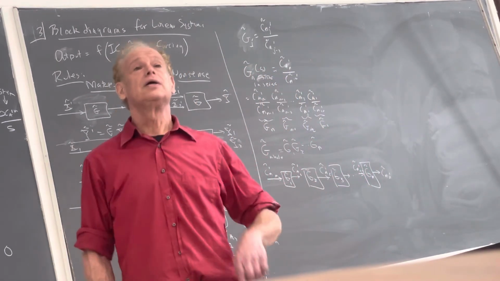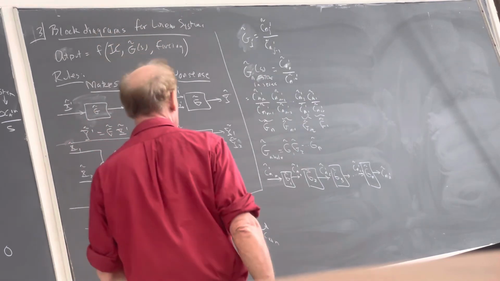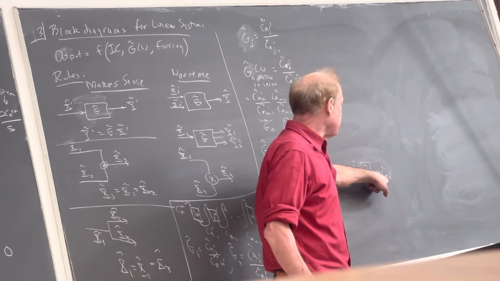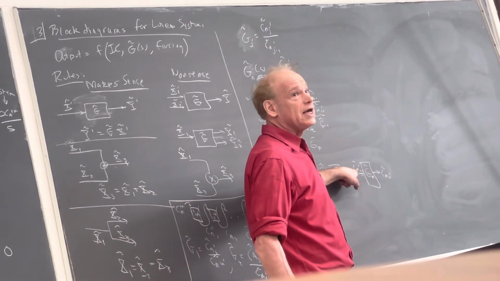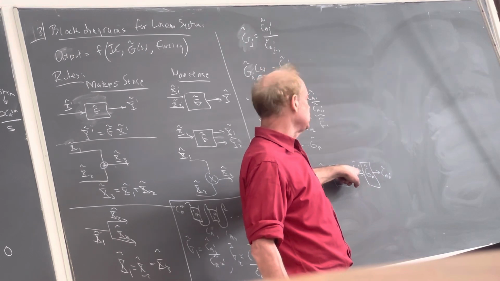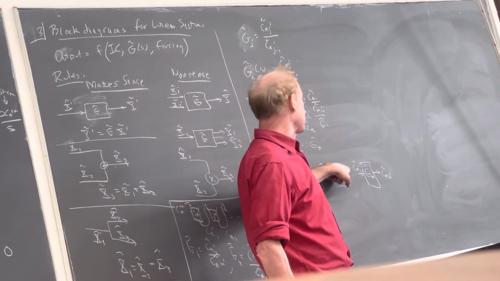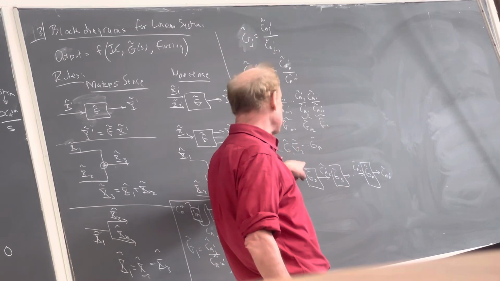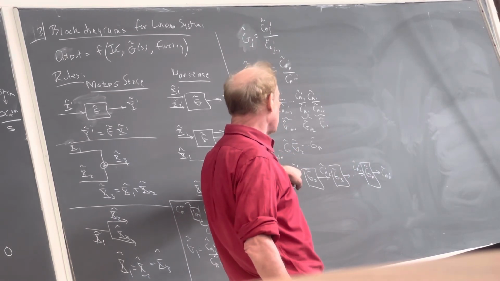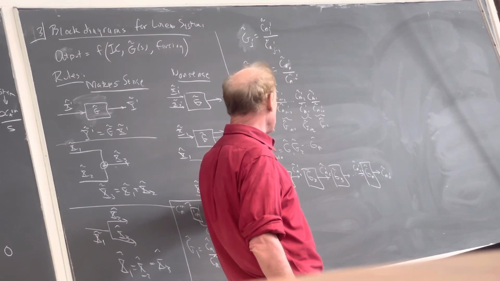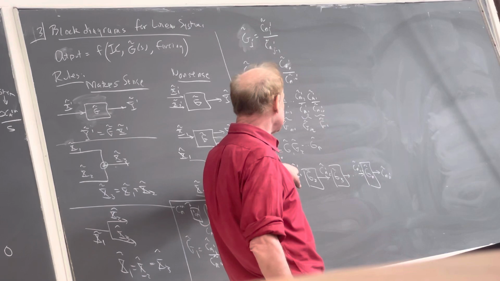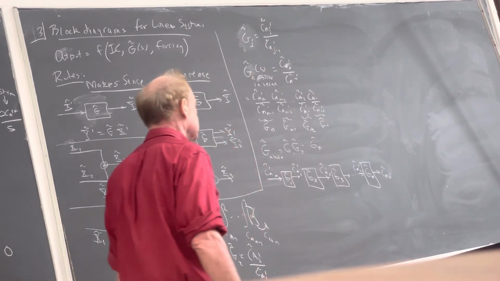Is that clear? So notice that this is going to correspond to that because CAN prime tilde is GN times CAN minus 1 prime tilde. CAN minus 1 prime tilde is GN minus 1 times CAN minus 2 prime tilde, and so on. Eventually, I get to G1, which is CA1 prime tilde over CA in prime tilde.